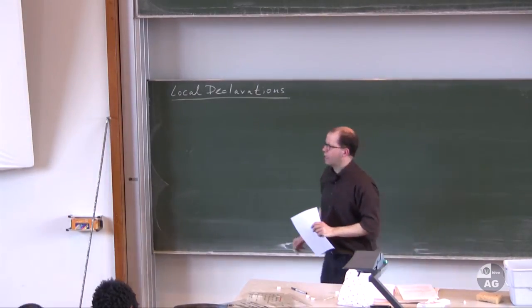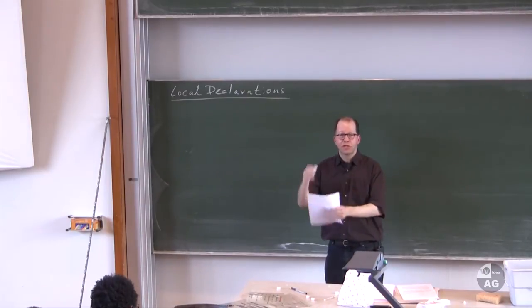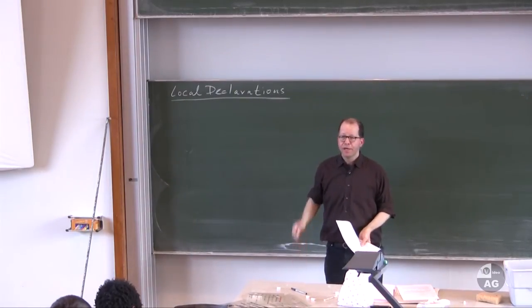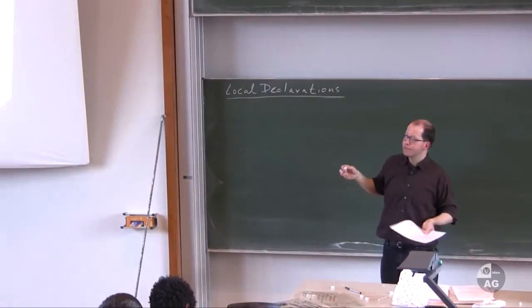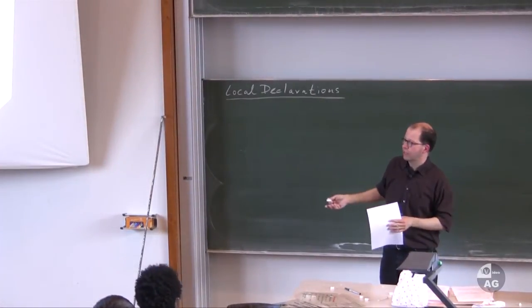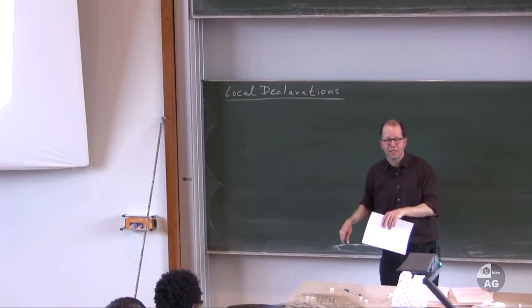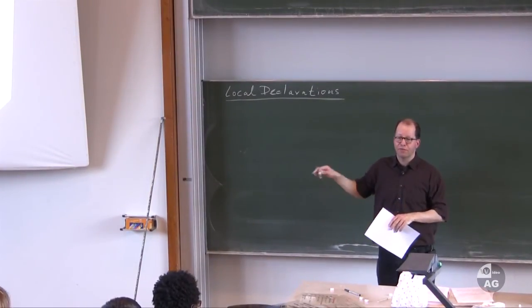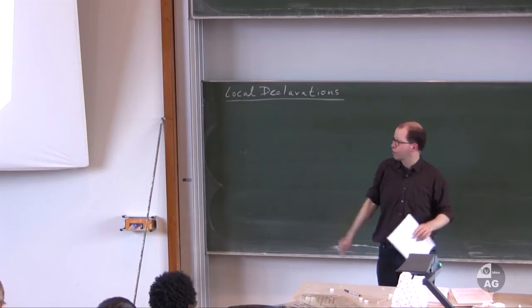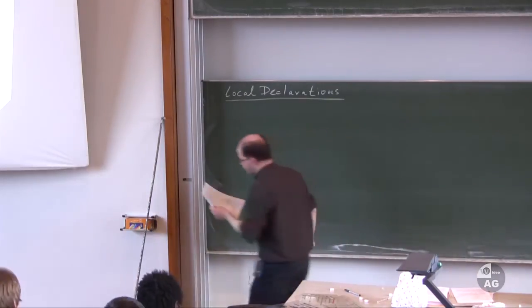Local declarations are declarations which are not on the top level of the program, but which are only specific in one function declaration. So you have a function declaration, and in that declaration you introduce a sub-declaration which is only in effect for this single function declaration and not for the whole program.